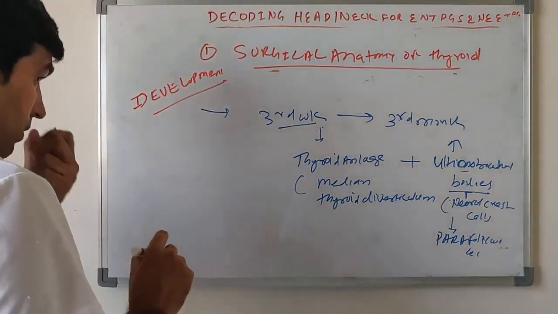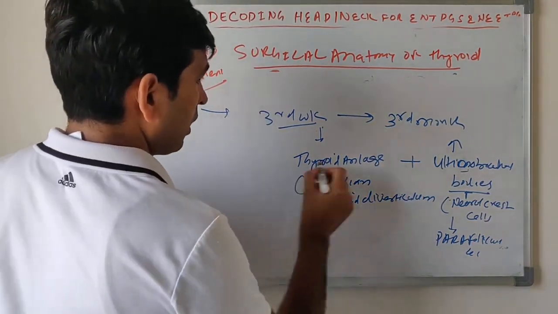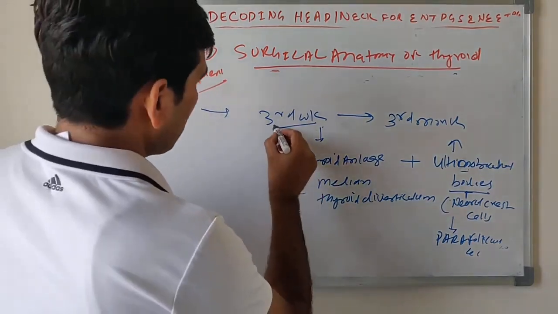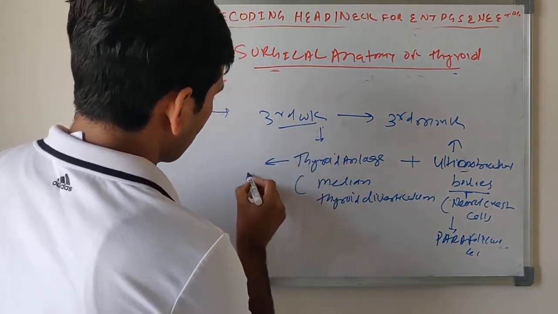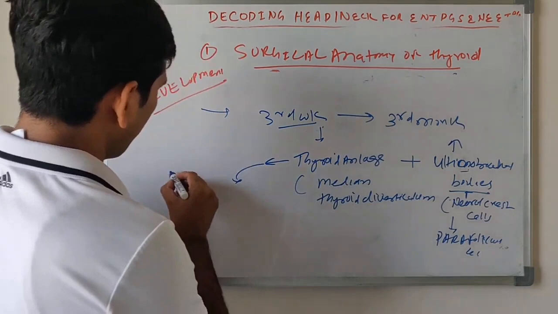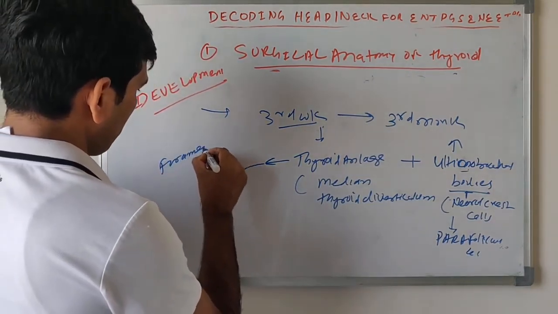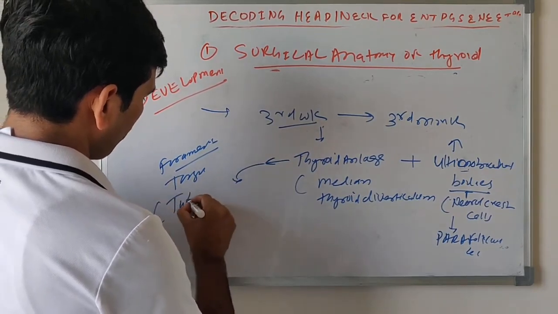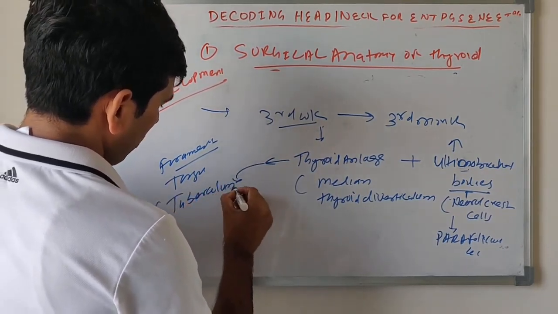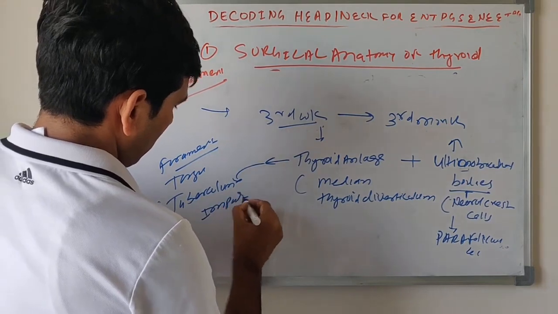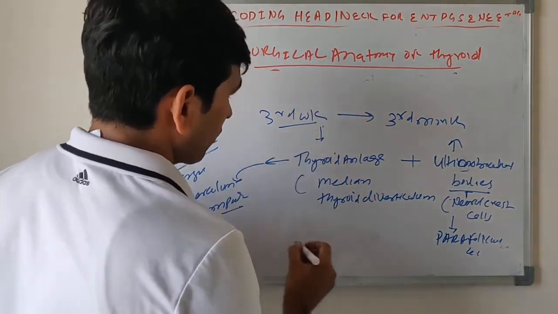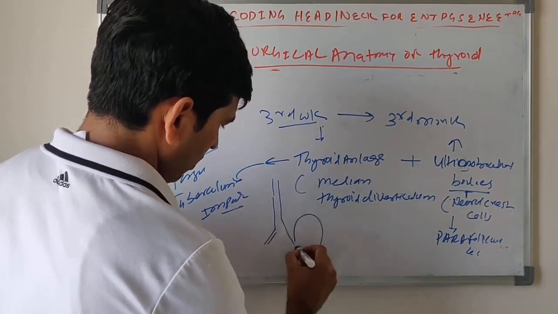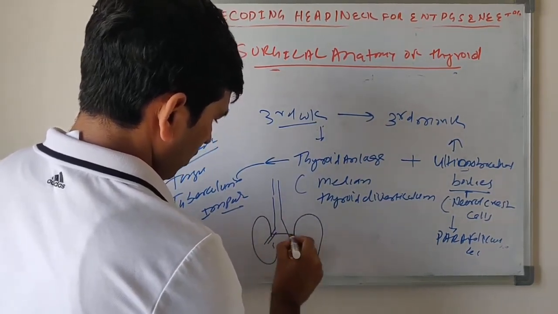It increases the uptake of bone calcium. Now this thyroid anlage develops from the foramen cecum at the tongue level, also called tuberculum impar, and it descends downwards and ultimately divides into two lobes and isthmus.